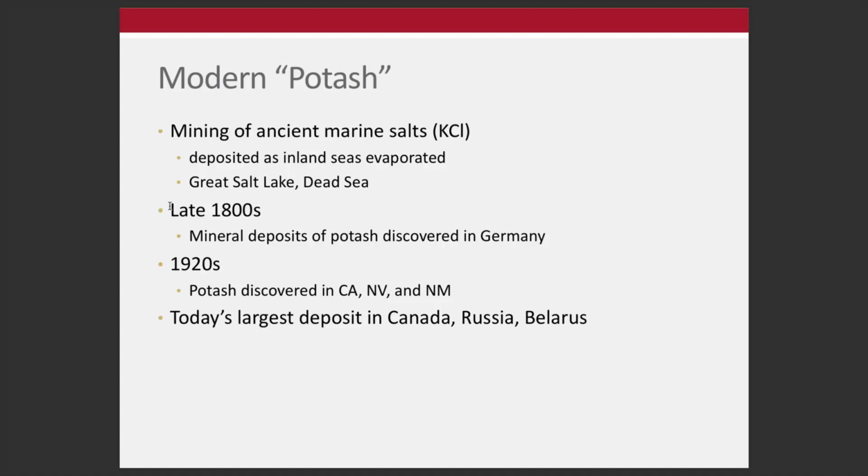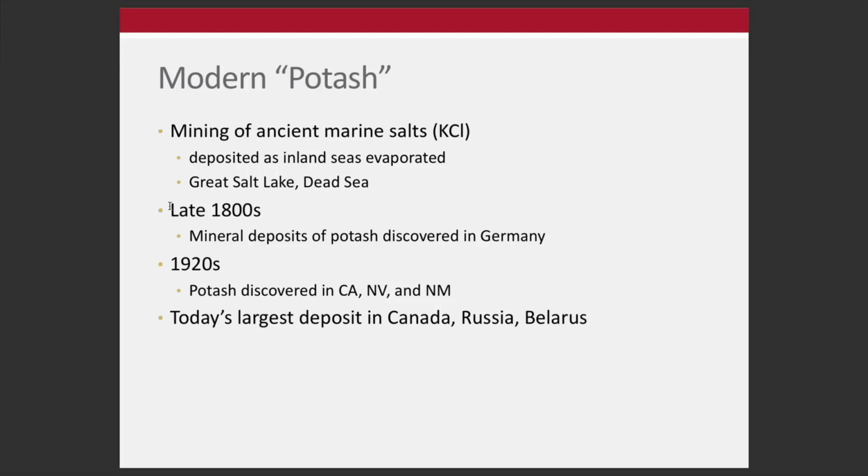We mine large deposits of marine salts that were put down over long periods of time, thousands of years, hundreds of thousands of years, maybe millions of years, and these are inland seas that have evaporated over time. Things like Great Salt Lake and the Dead Sea, many years from now, might be mined for potassium chloride, although we won't be around to witness that.